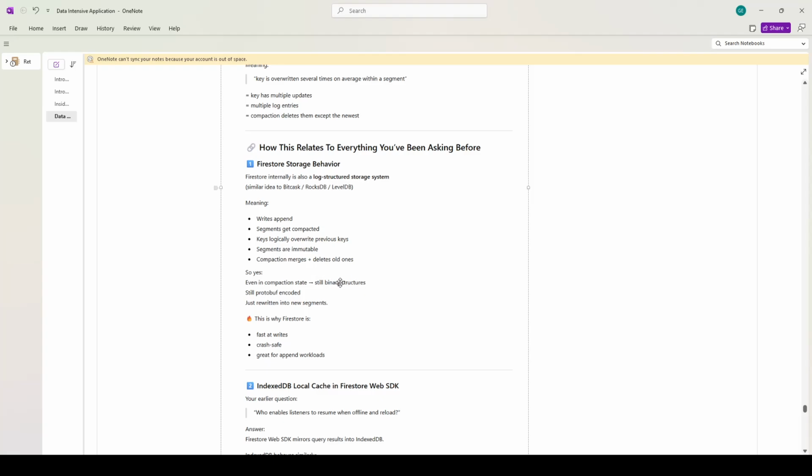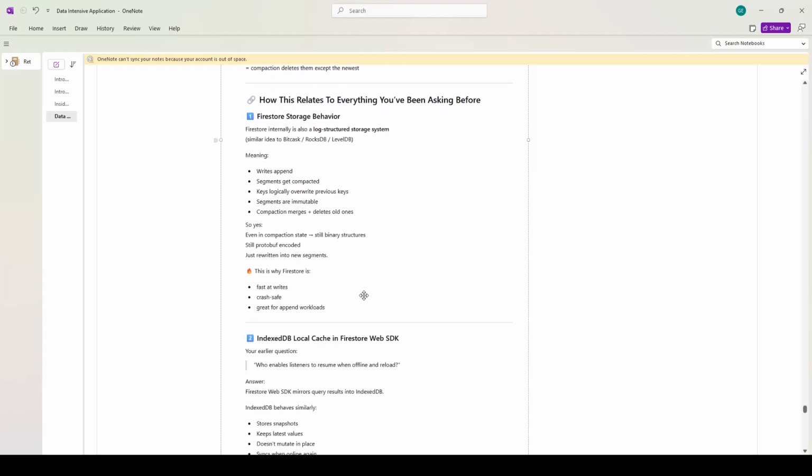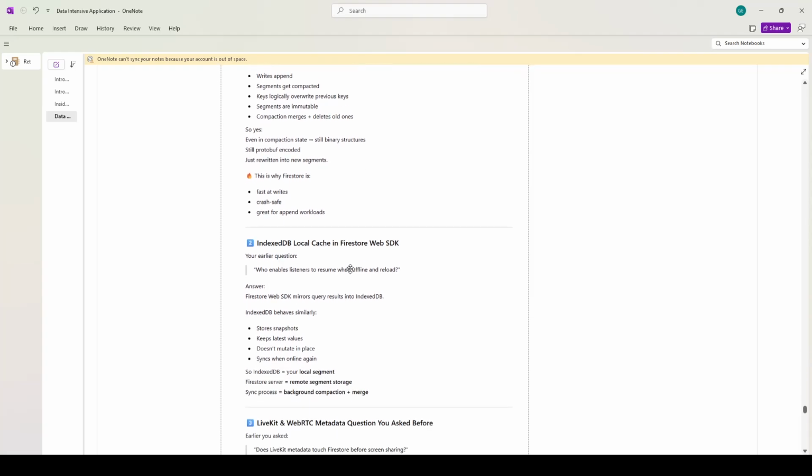Remember, we didn't just remove duplicate keys. We also merge to create a new segment in a new file. So even in the compaction stage, it's still binary structures, still protobuf encoded, just rewritten into new segments. This is why Firestore is fast at writes, crash safe, and great for append workloads.